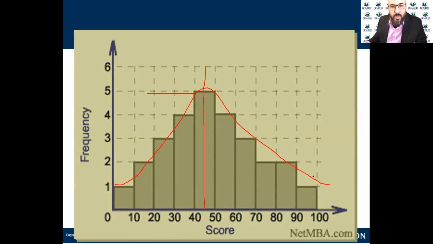This is what we call normal. Half of the data is distributed on the right, the other half on the left. This is the perfect situation. This is where we need to see our data. Again, this is the target here, about 45.